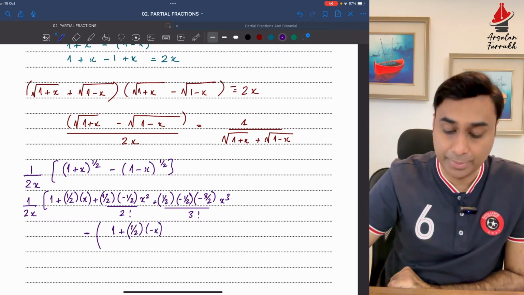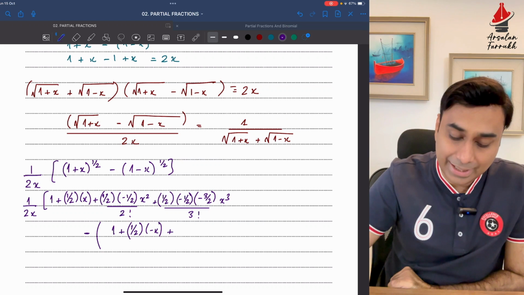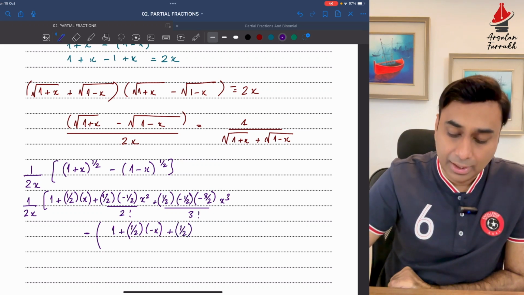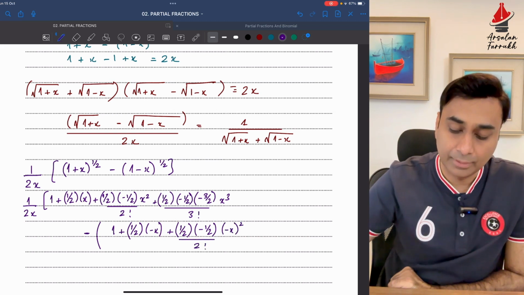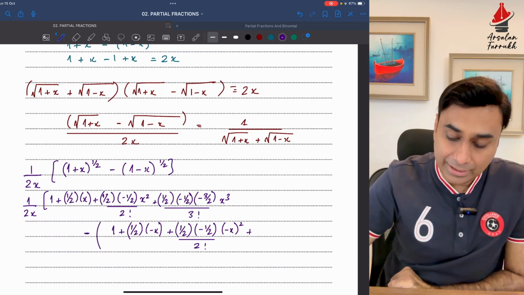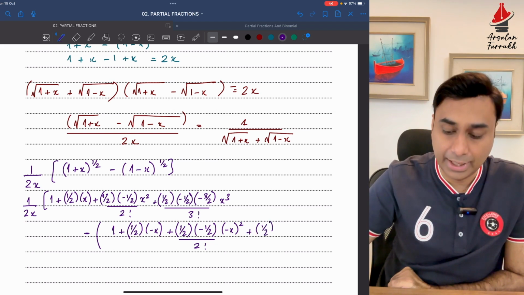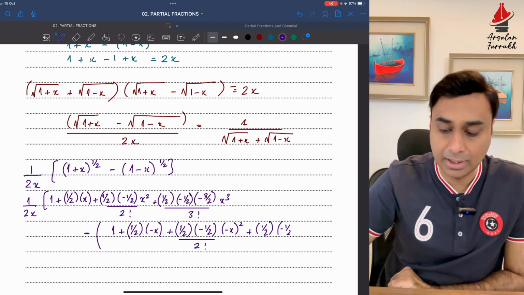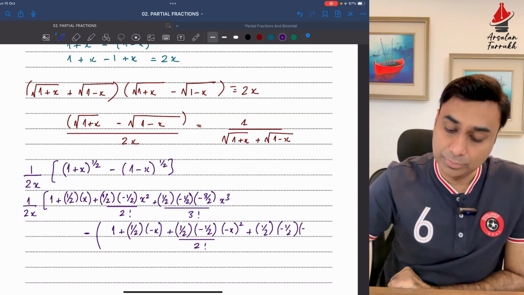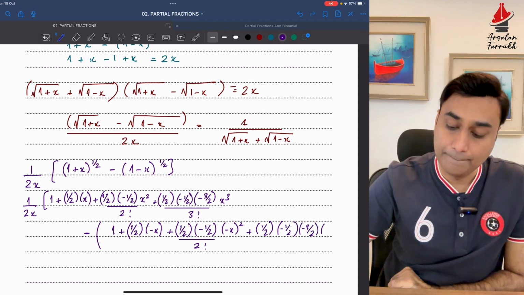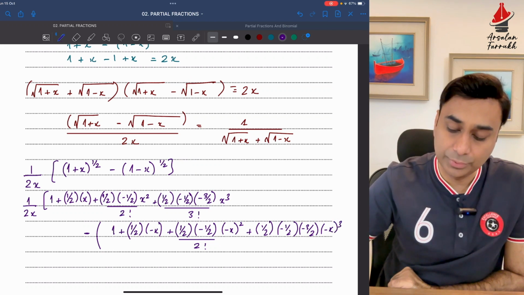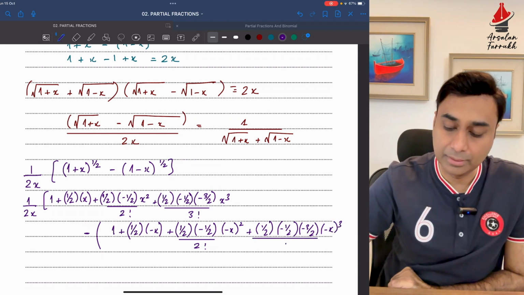X in this case is going to be minus x, plus n, that's half, n minus 1, that's minus half, minus x whole square divided by 2 factorial, plus n, that's half, n minus 1 minus half, n minus 2 minus 3 upon 2, minus x whole cube divided by 3 factorial.